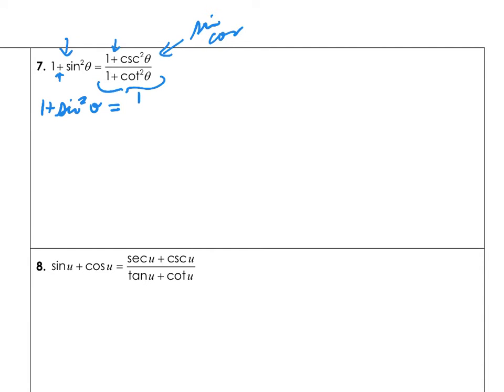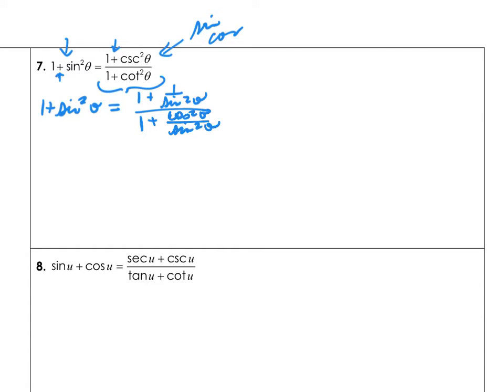Okay, so cosecant is 1 over sine, so 1 plus 1 over sine squared of theta. And the bottom one is going to be 1 plus cotangent, which is cosine squared of theta over sine squared of theta.